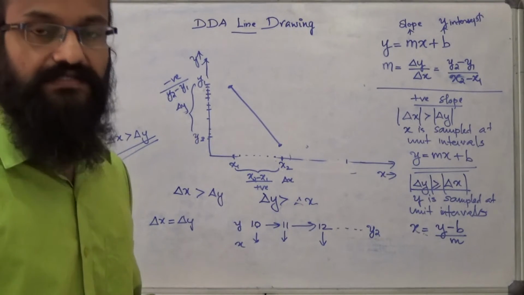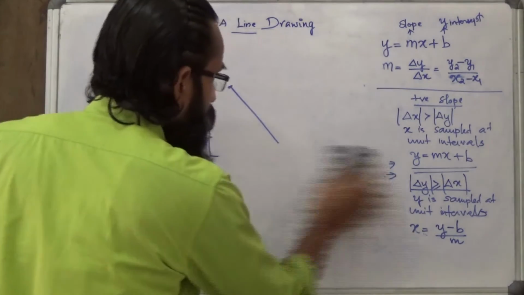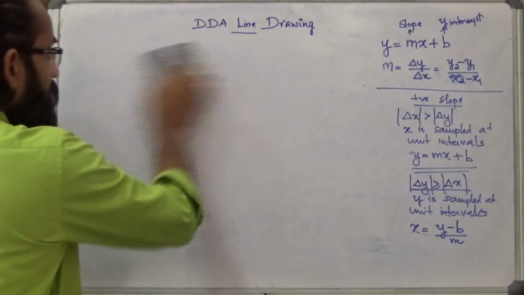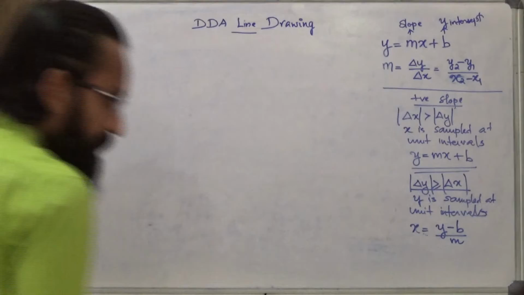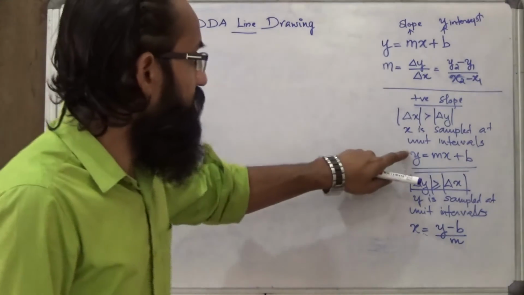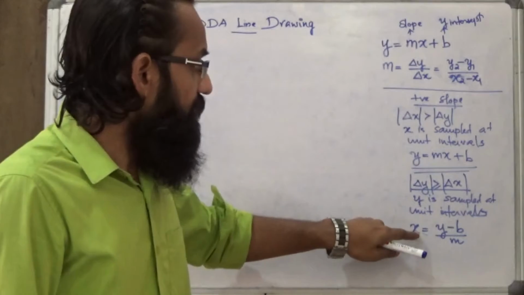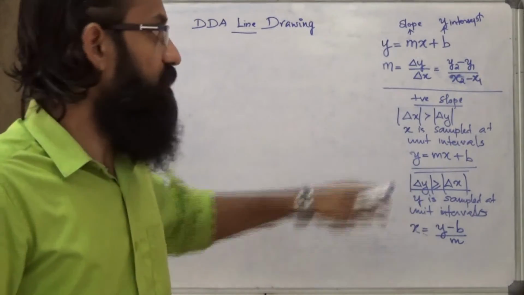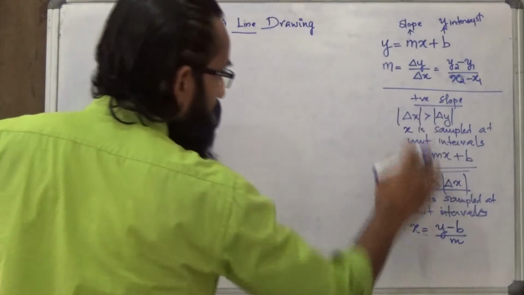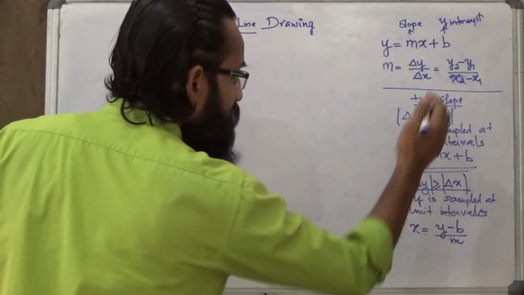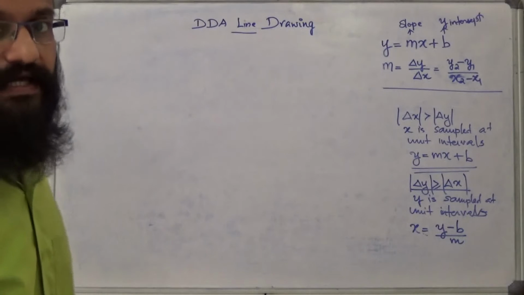It's purely based on the slope intercept equation. Now let us formalize this method: how to determine the y value for each x value, and how to determine the x value incrementally for each y value. This policy will work for lines with positive slope and negative slope.